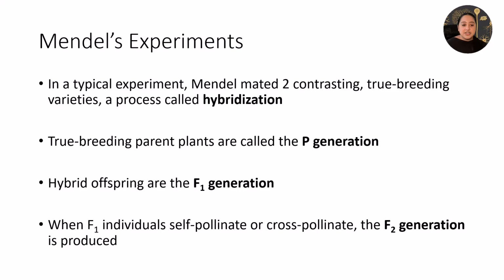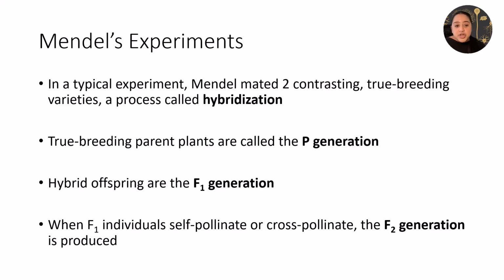And F actually stands for filial, which means son or daughter in Latin. So these are the sons or daughters of that first parent generation. And then after that, you can just name the different successive generations, F1, F2, F3, F4. And so there you have a nice naming system for all these crosses.